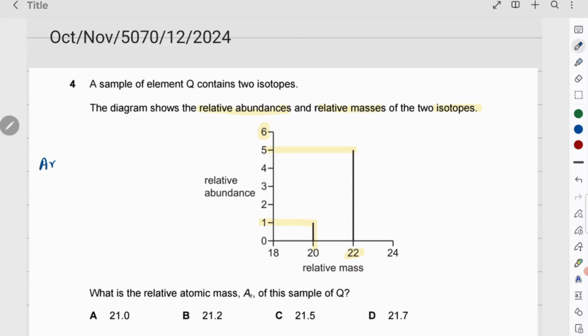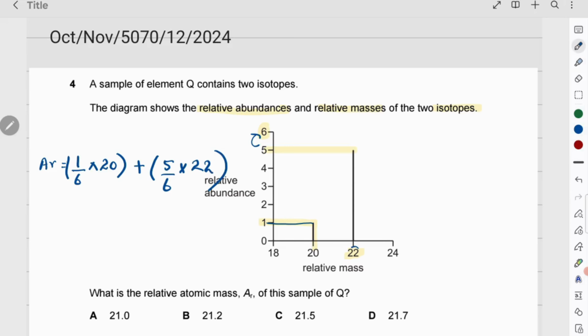We have to calculate the relative atomic mass of this substance. It is equal to 1 divided by 6 multiplied by the relative mass, which is 20, plus 5 divided by 6 multiplied by 22.